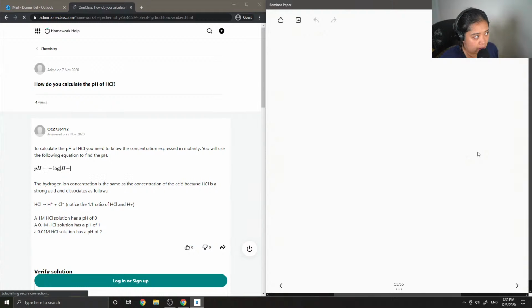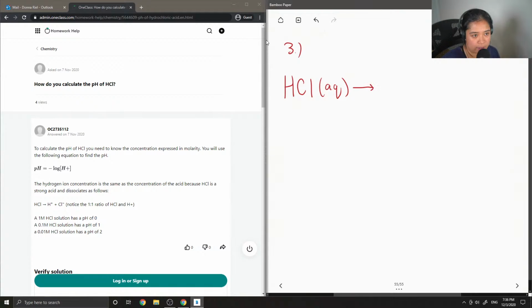On to question number 3. How do you calculate the pH of hydrochloric acid? First, I like to show HCl when it is dissociated into its ions. This is what happens when HCl is dissolved in water.